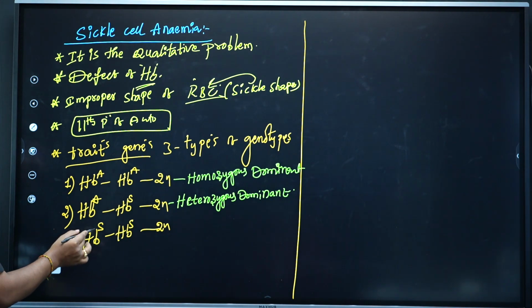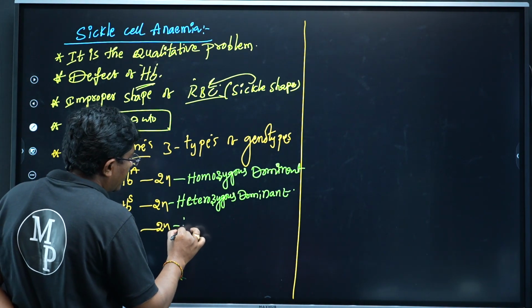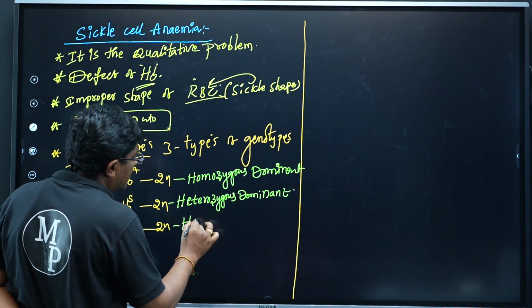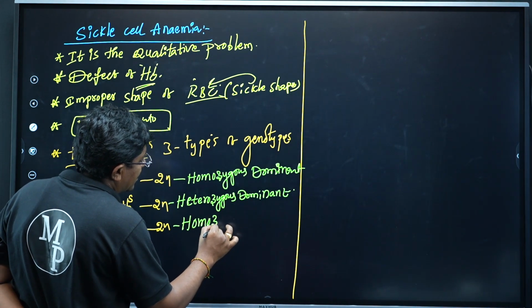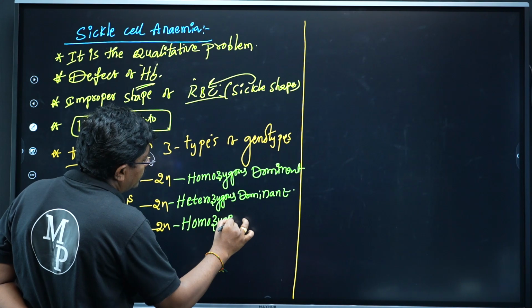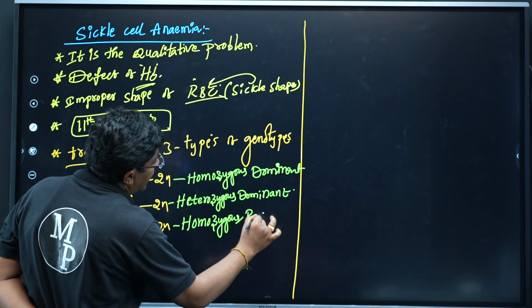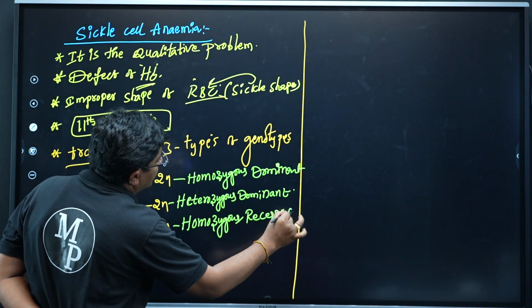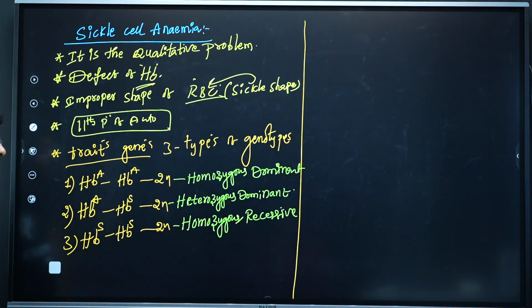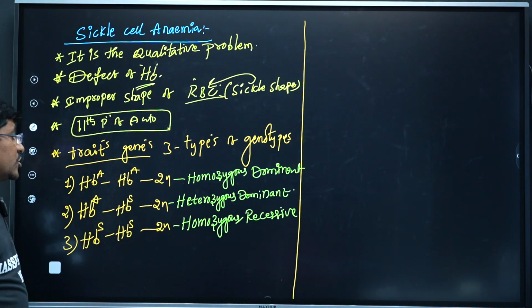And HBS and HBS is homozygous recessive. So what is the affecting nature?